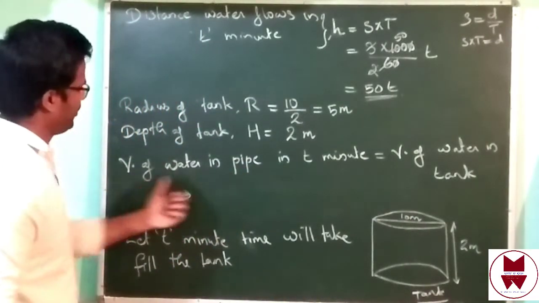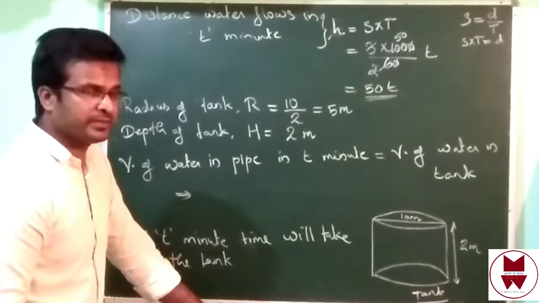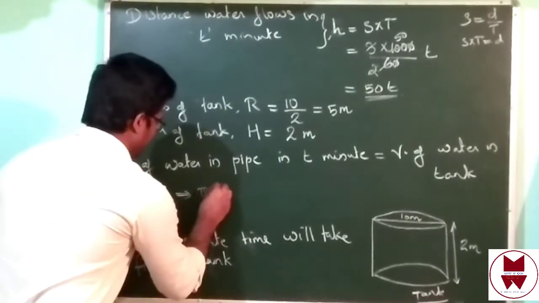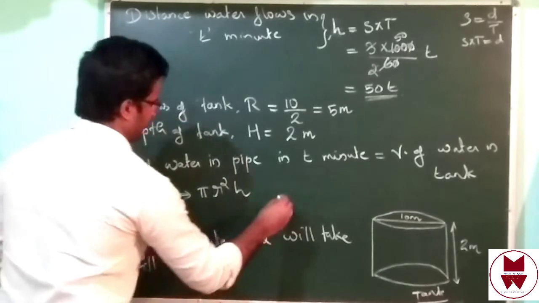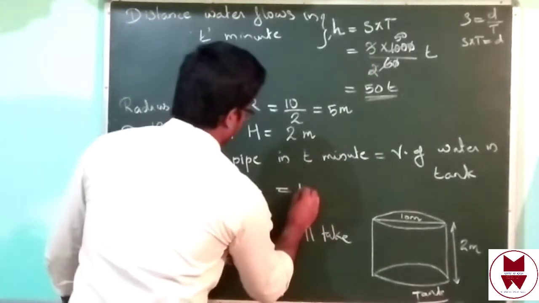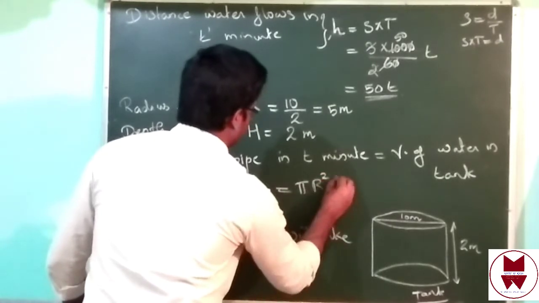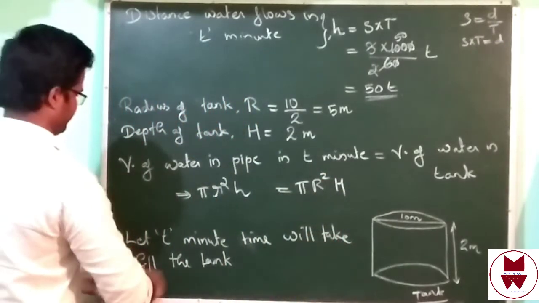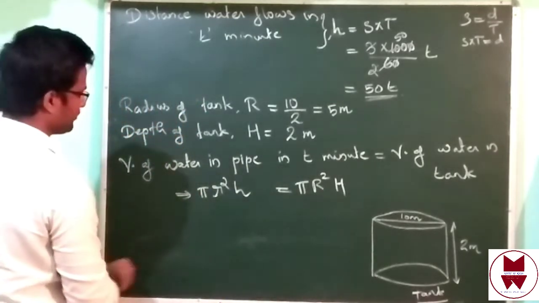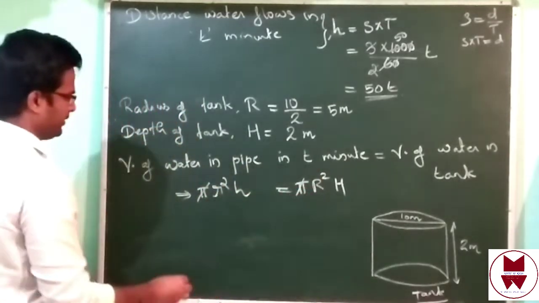Nice. Volume of pipe, pipe means cylindrical shape. Which formula? Pi r square h. We can use pi r square h equals volume of tank, that also pi r square h, pi capital letter R square capital letter H. Both pi and pi cancel.